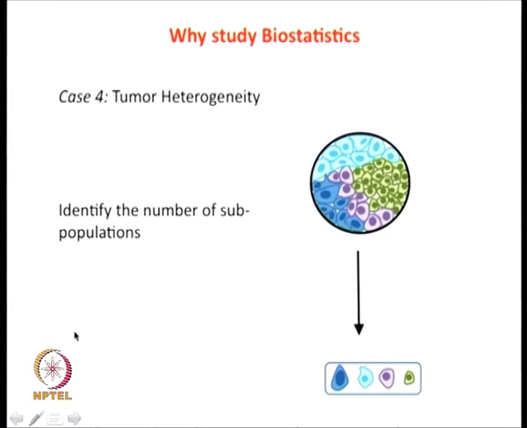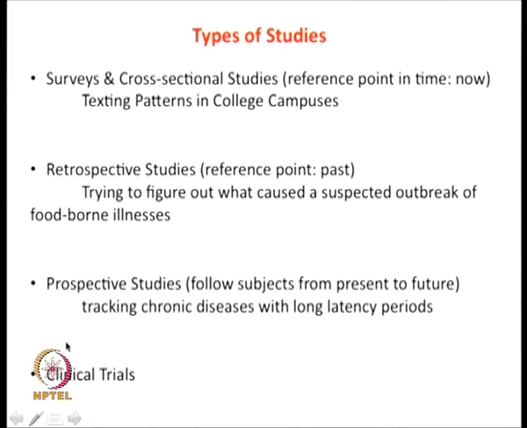Okay. So what are the types of studies which fall under statistics? How do statisticians acquire data? For example, one of the most common is surveys or cross-sectional studies. The important point about surveys is they want to collect information pertaining to the population which is right here, right now.